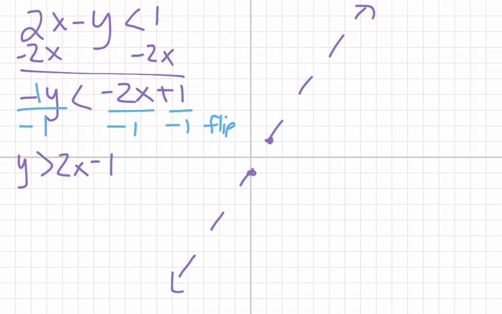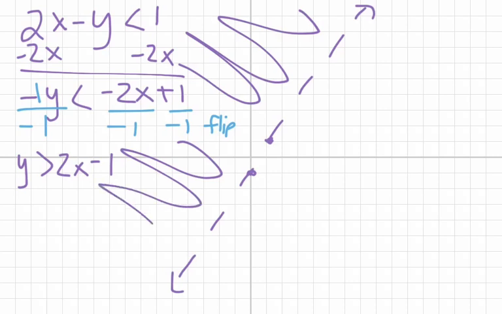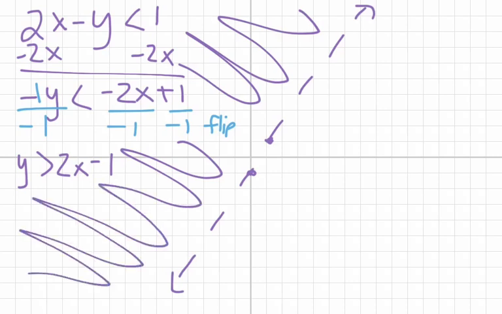The y coordinates that are true are greater than the line. And that greater than means you shade above the line. And so without doing anything else, I can shade above the line. So I'm going to shade this side, and it's kind of morphing with my work there. But hopefully I made it clear which side you're going to shade.